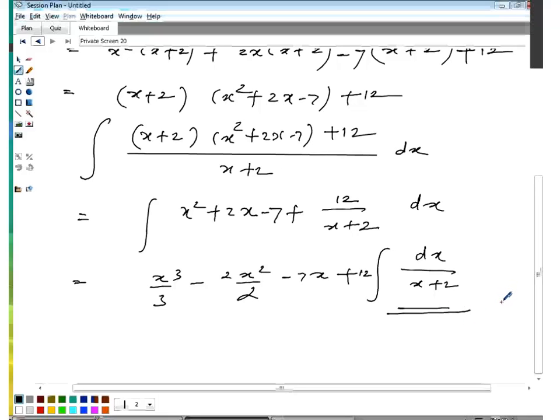Actually, it requires the method of substitution, the right side part.